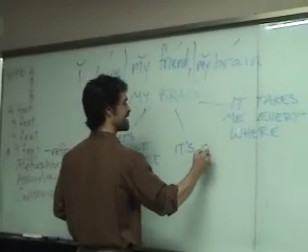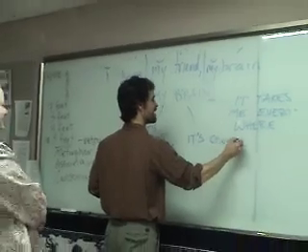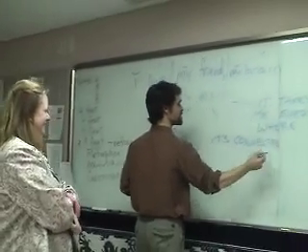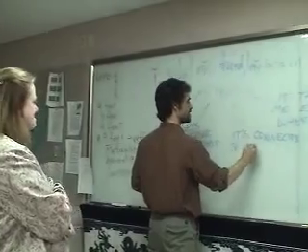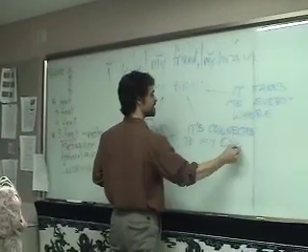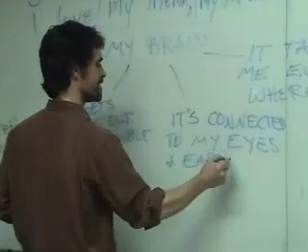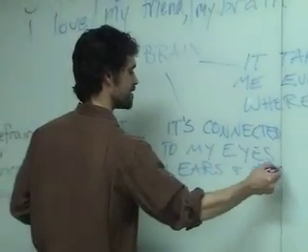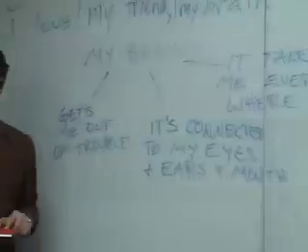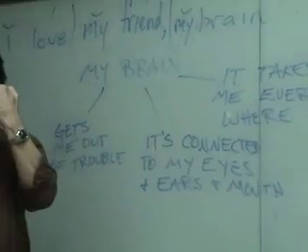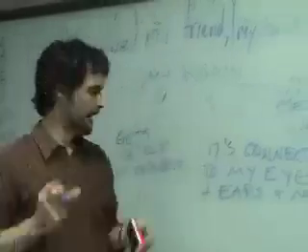Because it's attractive. Call me crazy, but I want to play with this idea. Okay. My brain is connected to my eyes and ears and mouth. I don't know. We'll see.